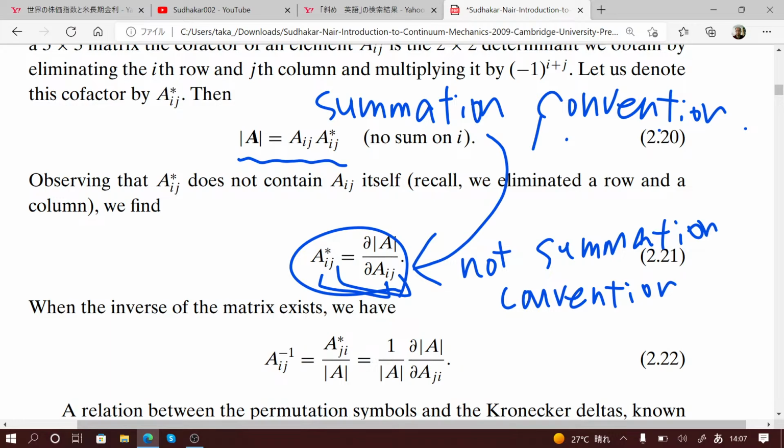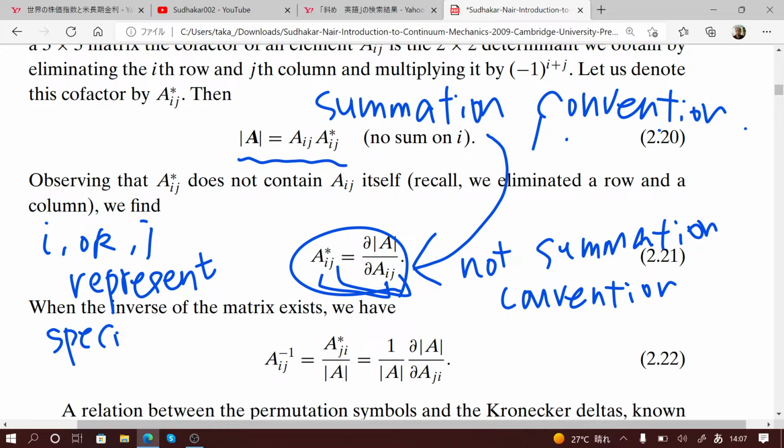That means here i or j represent a specific number, 1 or 2 or 3.